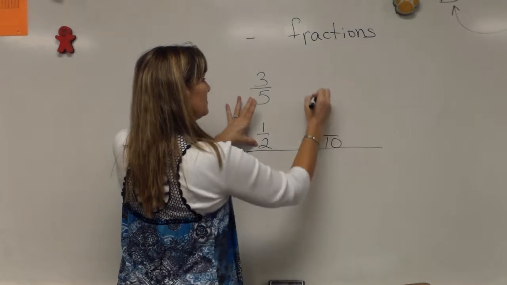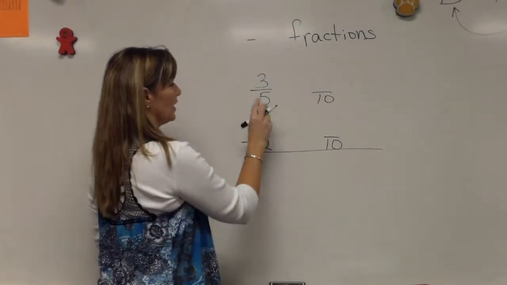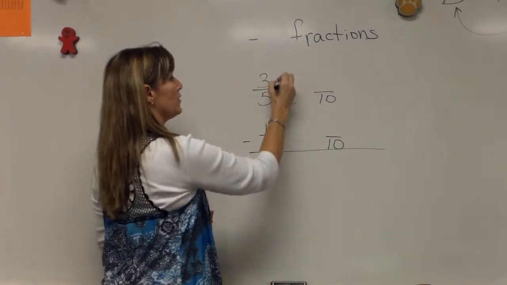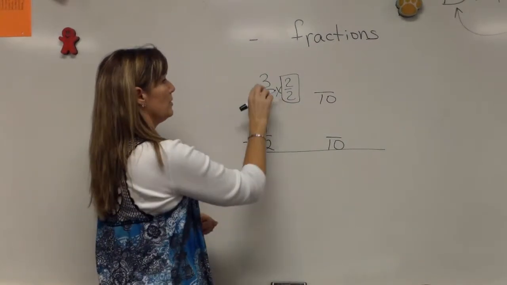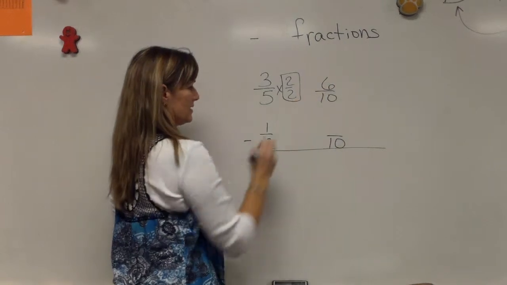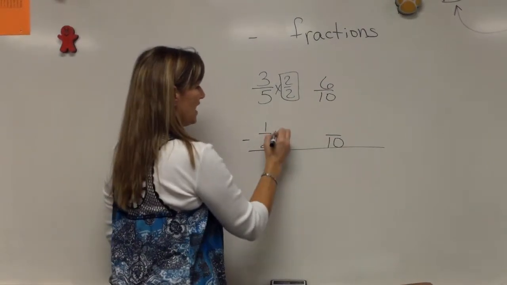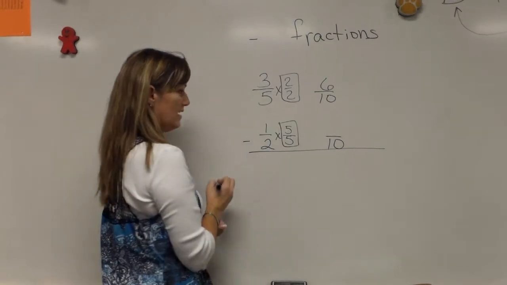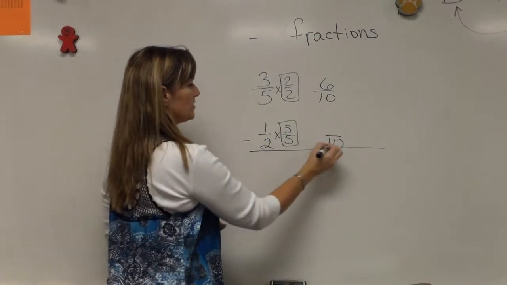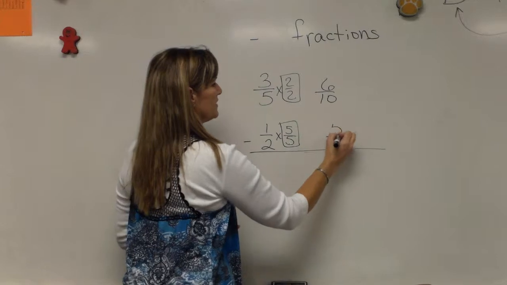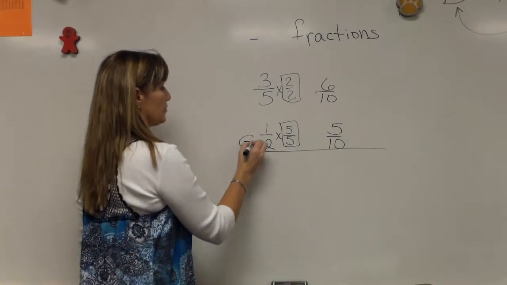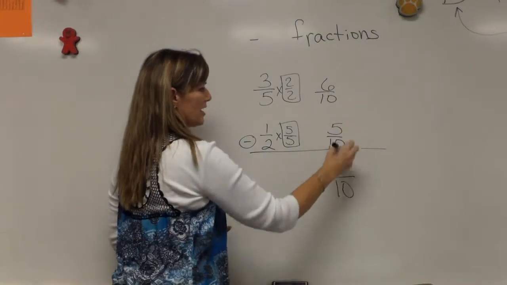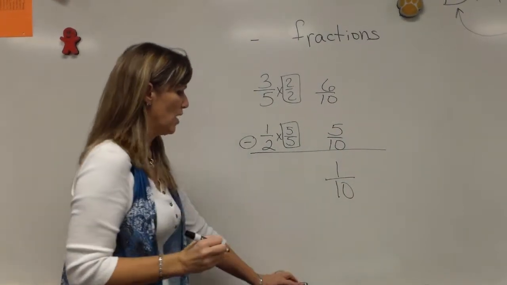I'm going to use 10. 5 times 2 gives me 10, so I'll multiply by the onester, 2 over 2. 3 times 2 is 6. 2 times 5 gives me 10, so I'll multiply by the onester, 5 over 5. 2 times 5 is 10, 1 times 5 is 5. I'm subtracting, so I write down my denominator, and then I subtract my numerators, 1/10.